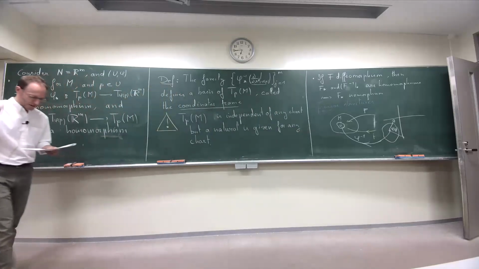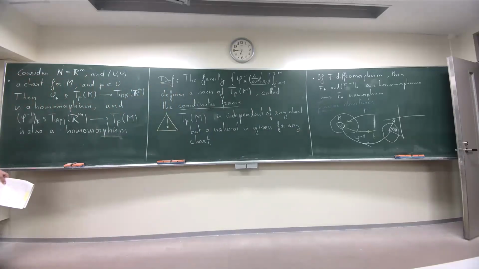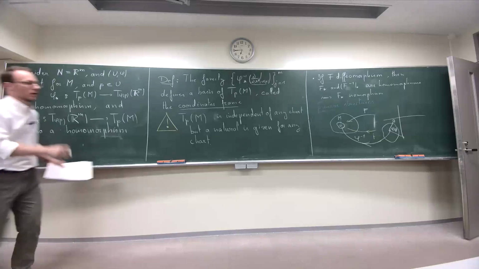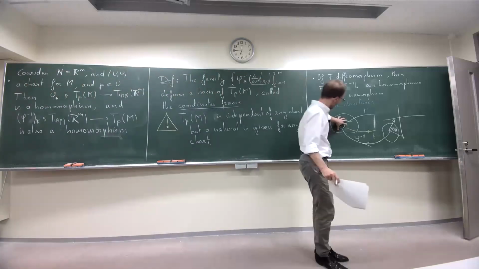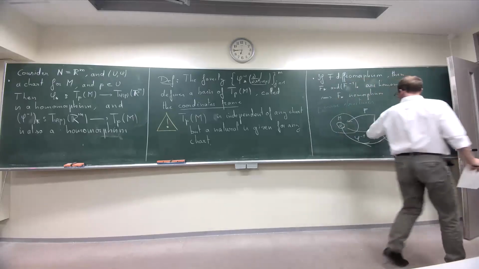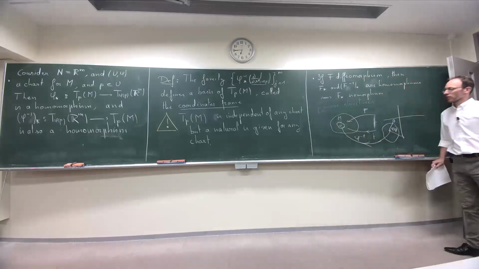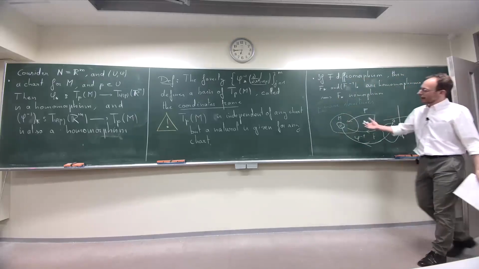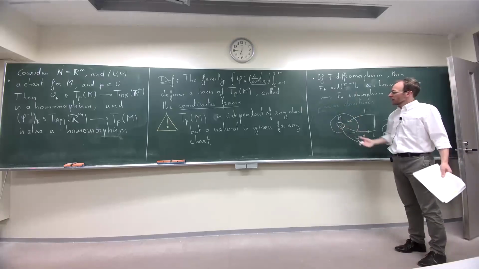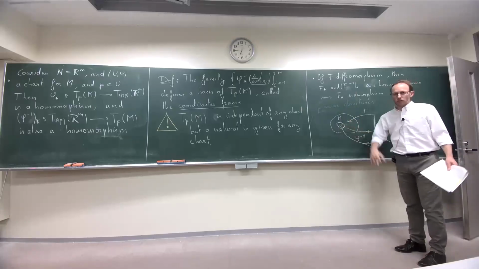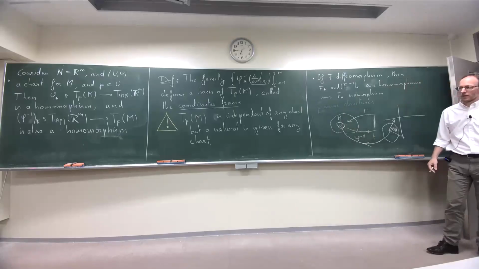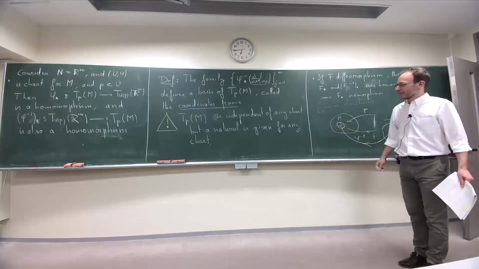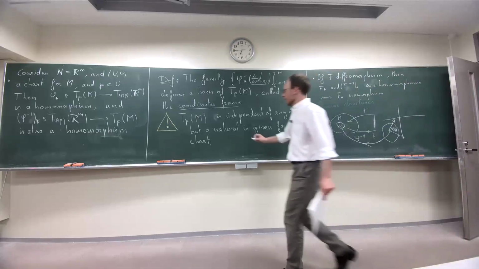The tangent space itself is independent of any U and phi that you use to describe your manifold, but you get a natural basis, or you get one basis, whenever you use a chart. Okay. Natural.